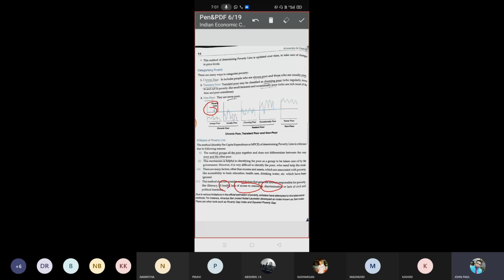All those things are also reasons for a person to become poor. So this is what is called the criticism, or drawback, of the poverty line.